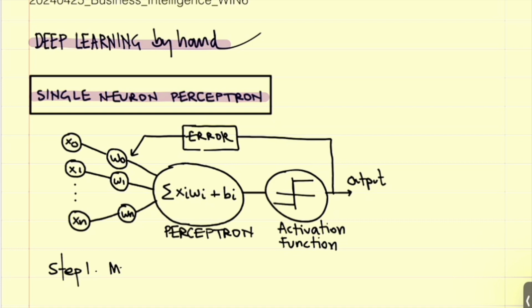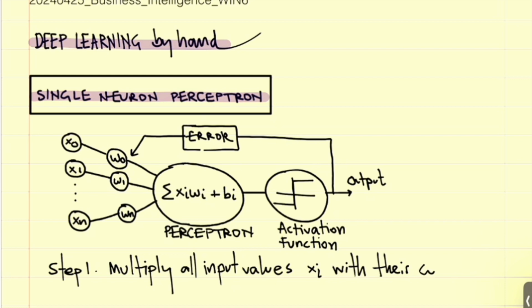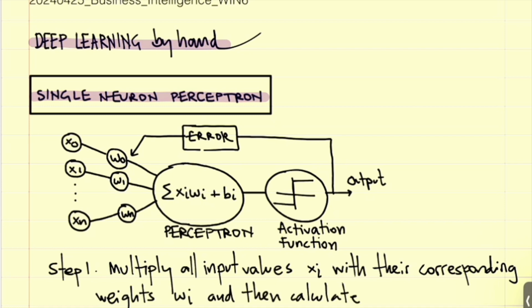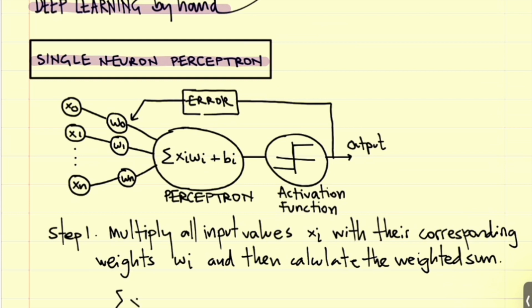Step one, we multiply all input values x_i with their corresponding weights w_i, and then calculate the weighted sum. Okay, so basically what we do is we take the inputs, the weights, and multiply them.